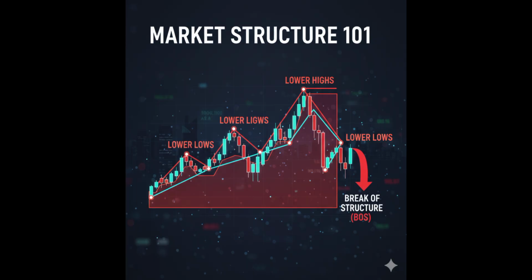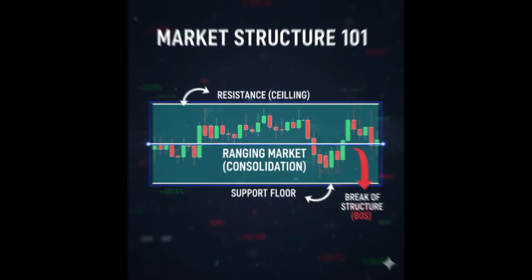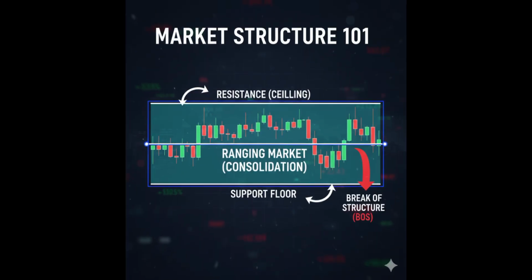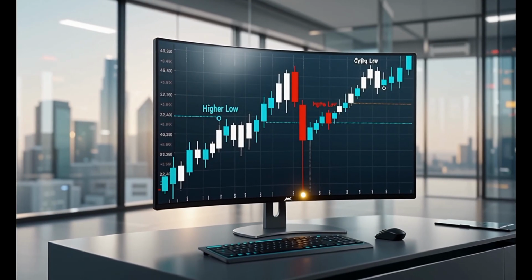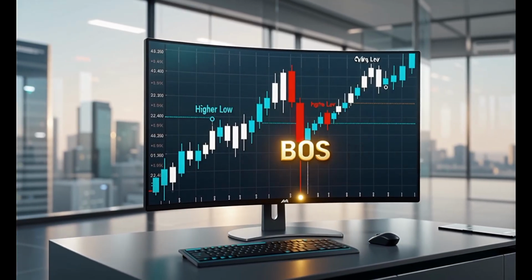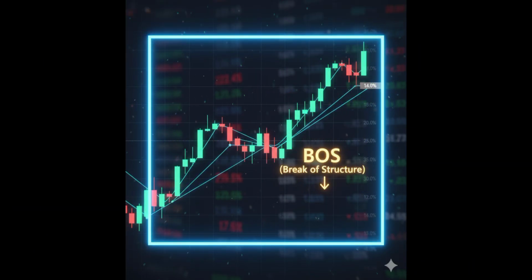Now, listen closely, because this is the break of structure, or BOS. This is the pivotal moment in our story. In an uptrend, the structure is protected, as long as price maintains those higher lows. But the second price crashes through a previous higher low and closes below it, the uptrend is officially broken. This is your warning that the trend has shifted or is about to reverse.